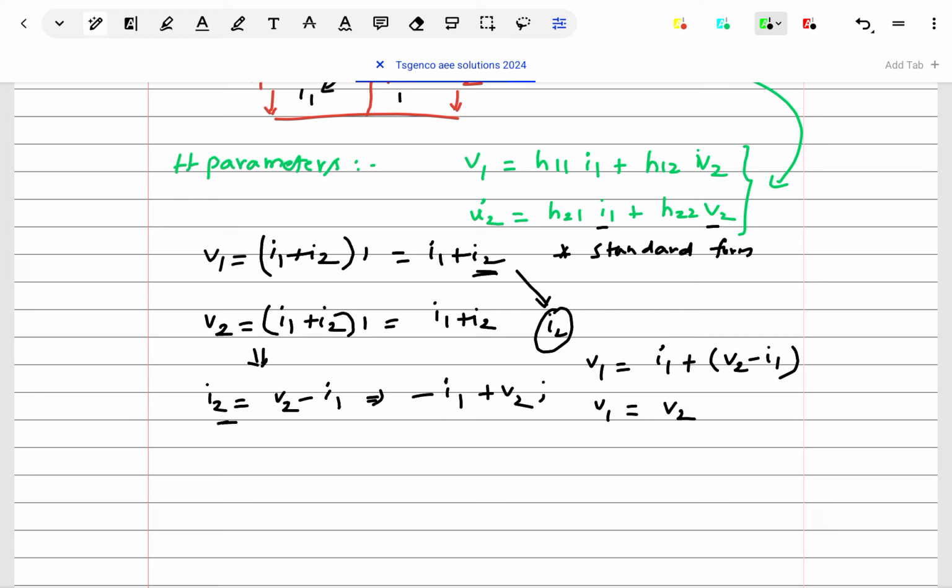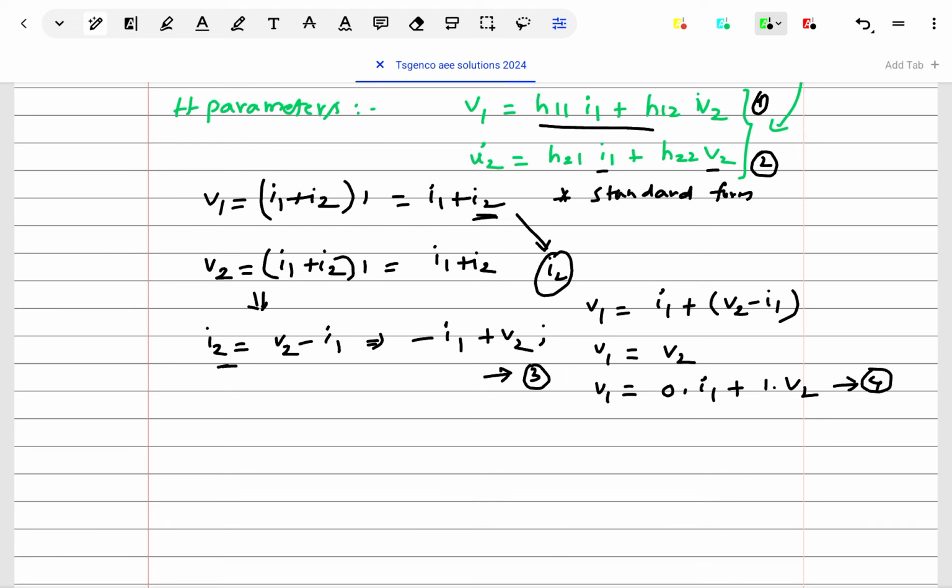If you write it in this form, V1 is equal to 0 into I1 plus 1 into V2. This is the equation. Let me give numbers to these equations: equation number 3 and equation number 4, and let me assume the earlier ones are equation number 1 and equation number 2.